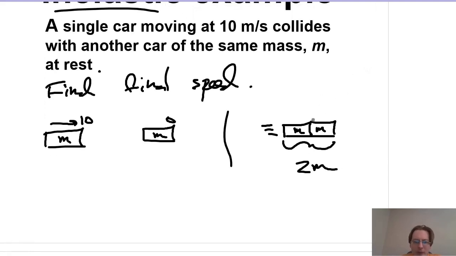So let's think about this. The moving mass beforehand is just m, but afterwards it's 2m. Can you see that if you double the mass, you have to cut the speed in half to keep the momentum the same? Remember, momentum is mass times velocity. So if you double the mass, you'll have to halve the speed to keep the same momentum.